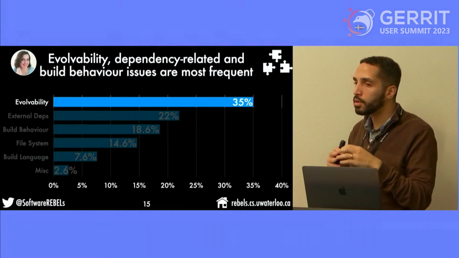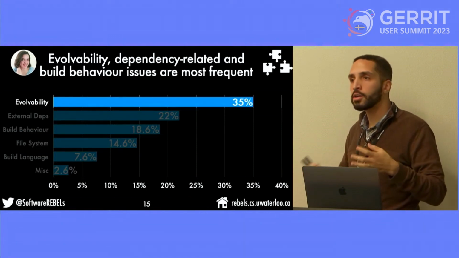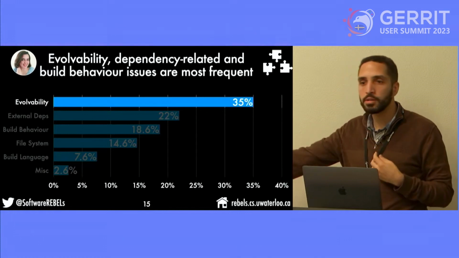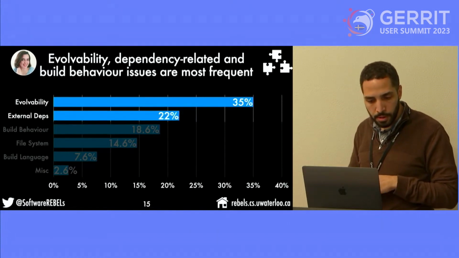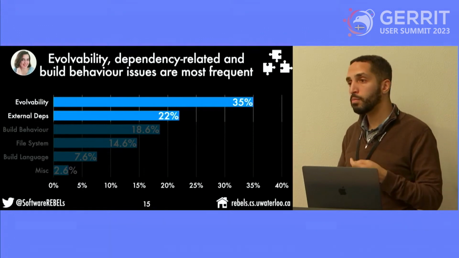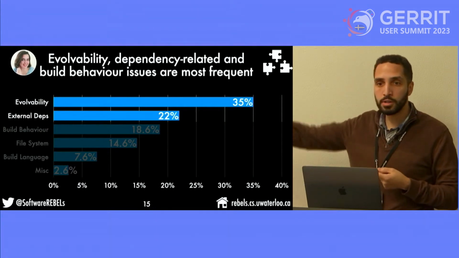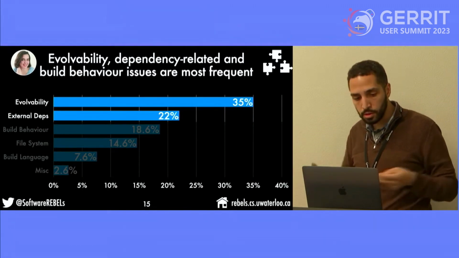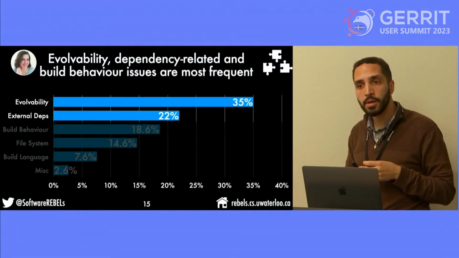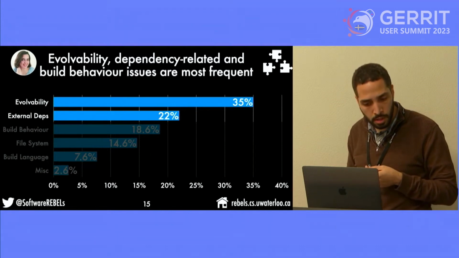So they might be about evolvability. So how can we make the build scripts easier to maintain going forward? They might be about external dependencies, so package versions that need to be integrated, and other sorts of external dependencies that need to be managed, such as tools.